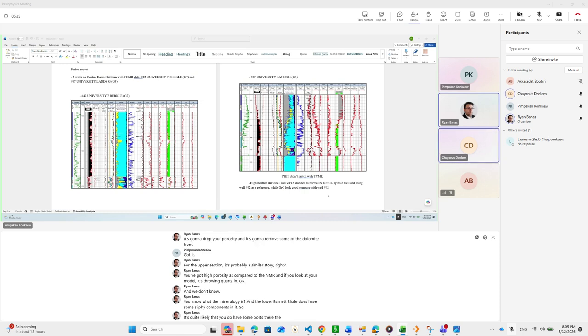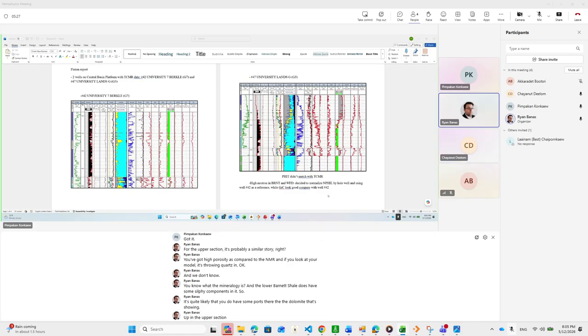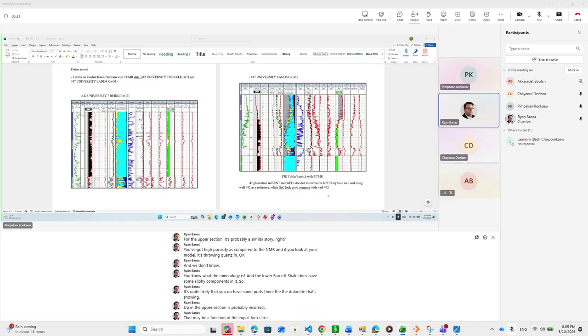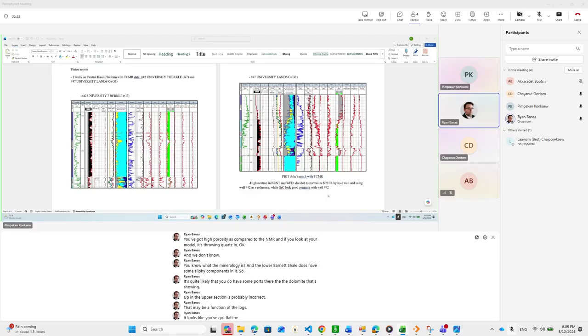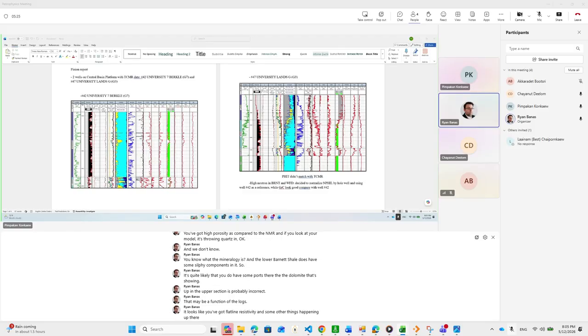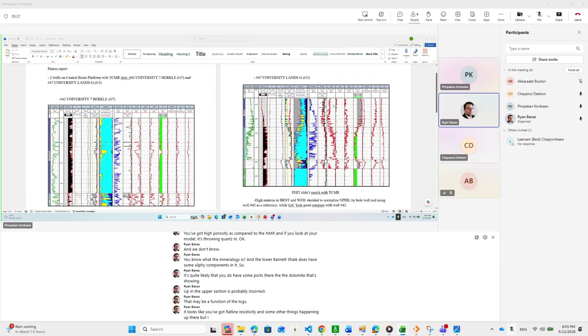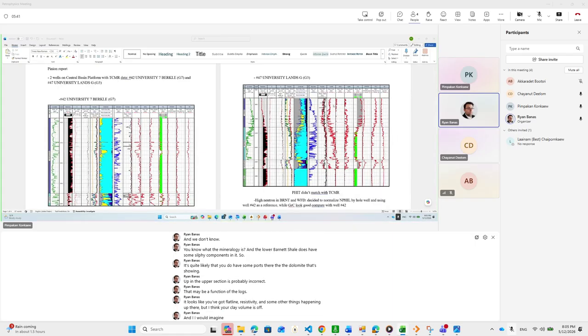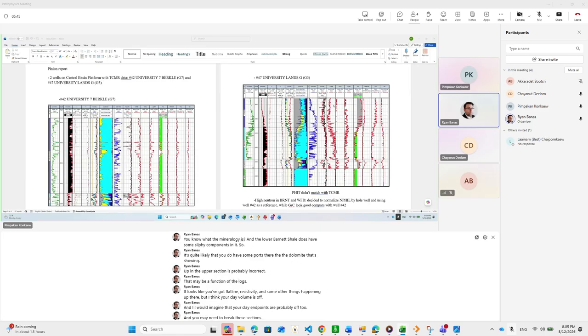The dolomite that's showing up in the upper section is probably incorrect. That may be a function of the log, as it looks like you've got flatline resistivity and some other things happening up there. But I think your clay volume is off, and I would imagine that your clay endpoints are probably off too. You may need to break those sections up.